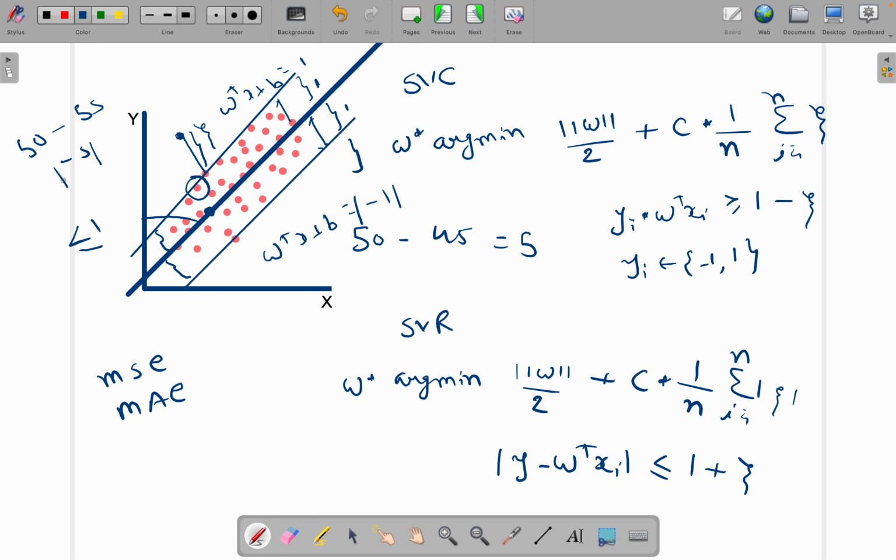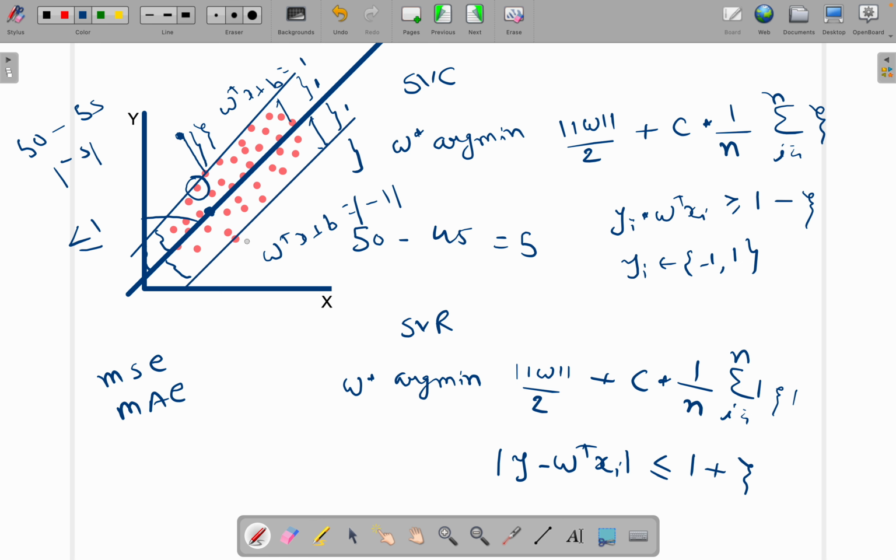So basically we have an error of 5. So what we are saying here is that yi minus W transpose Xi should be less than or equal to 1 plus eta, where eta is this error and 1 is this margin. If it is less than or equal to 1, we are finding the best result.